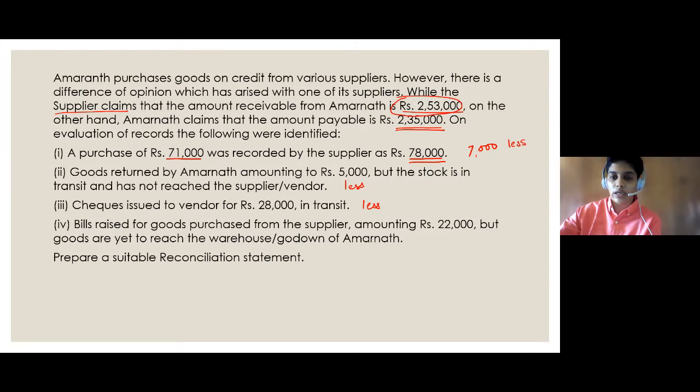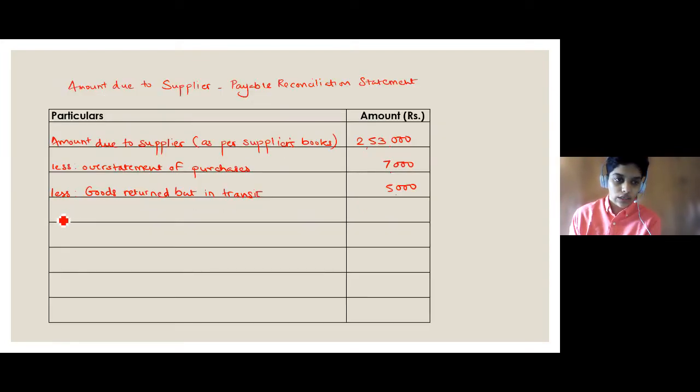So we'll be deducting it. Again, come to the statement, less cheques issued but in transit. And the amount of cheques issued but in transit is rupees 28,000.